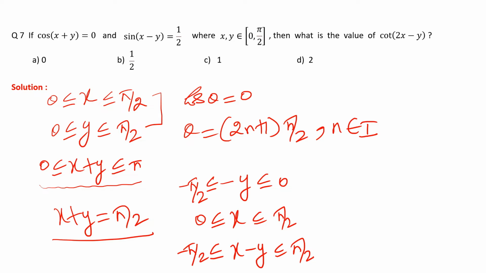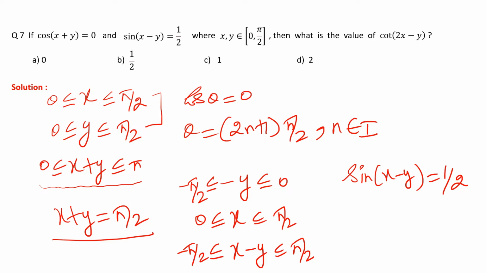That means x minus y will either lie in the fourth quadrant or in the first quadrant. Now since we are given that sin of (x minus y) is equal to half, which is a positive quantity, this tells us that x minus y must lie in the first quadrant only. Why? Because in the fourth quadrant sine gives negative values.